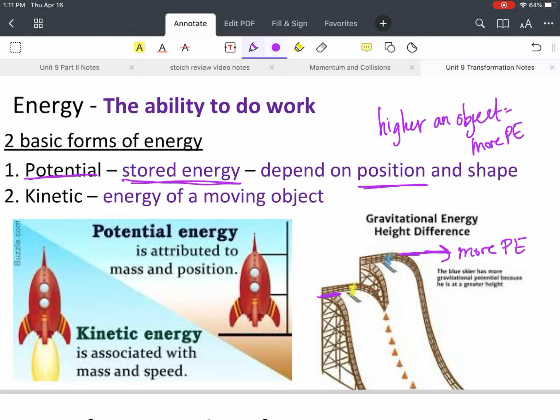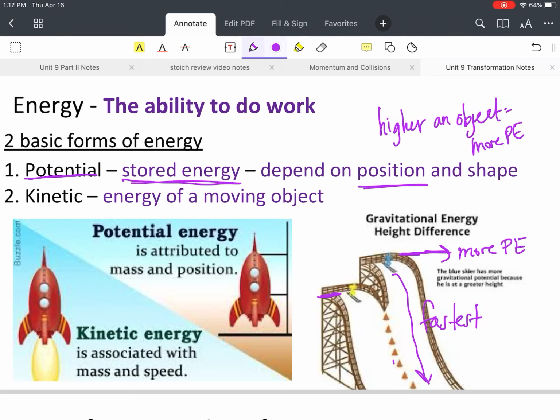Okay, kinetic energy is, again, the energy of a moving object. We've talked about that when we talked about momentum. The faster something's moving, the more kinetic energy it's going to have. So since I can't just get energy from nowhere, if I think about my two skiers here, which one do you think is going to be going faster when you get to the bottom of the hill? Well, if you guess the blue one, you would be correct, right?